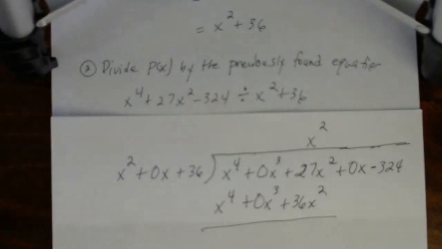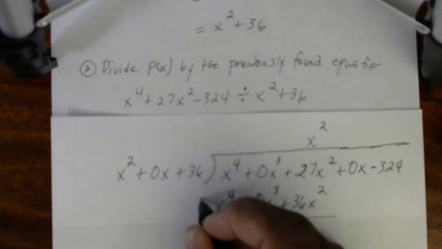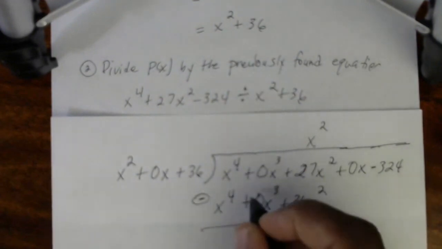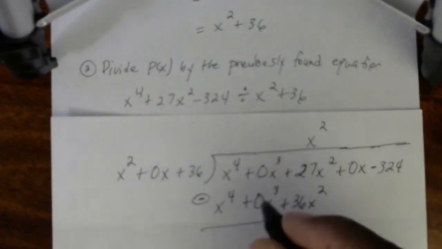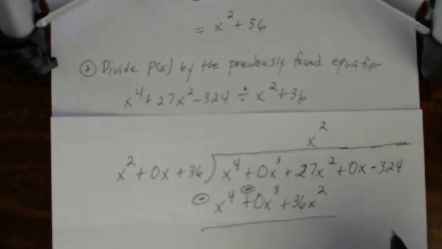Now, one of the most important things to do is to change the sign. Right, so this term becomes negative. 0 is neither negative nor positive, but I will change the sign nonetheless.